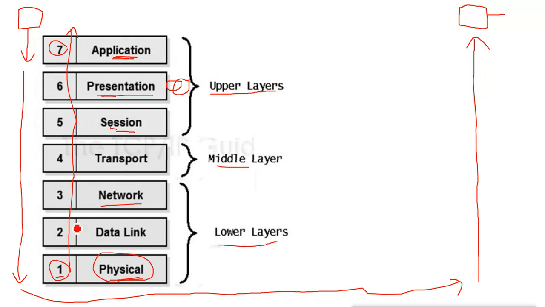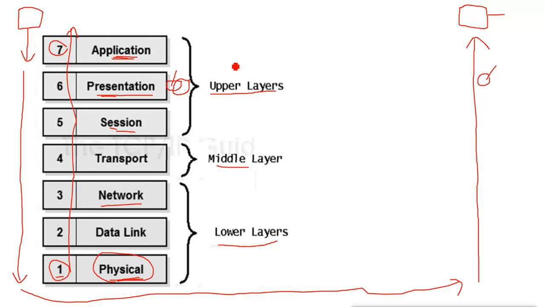Now when the data goes out and is received on the other end, the receiving side, and reaches the presentation layer, because the data was encrypted on the sending side, it will decrypt the data on the other side.